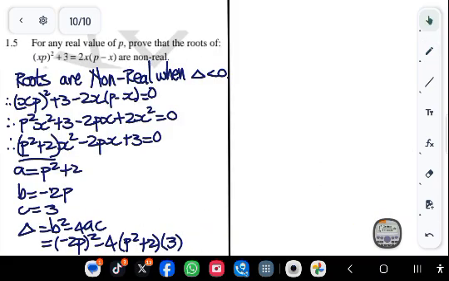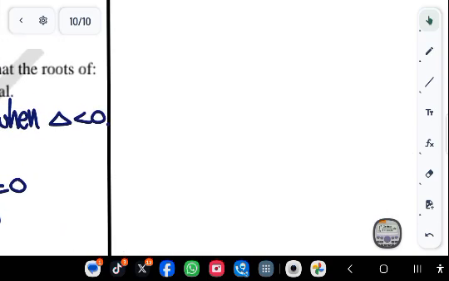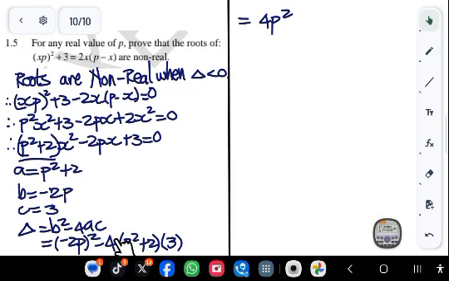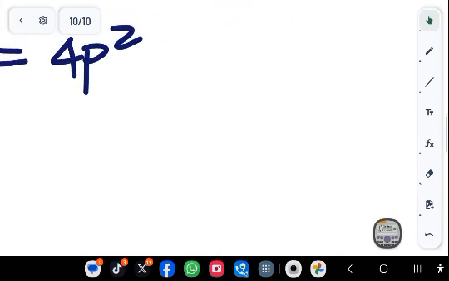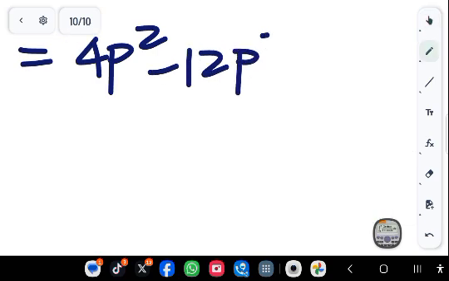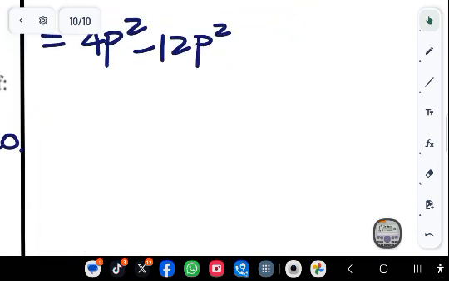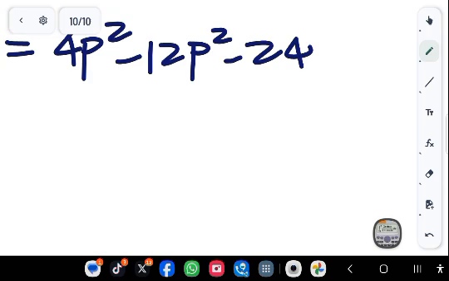Which is equal to 4p squared minus 12p squared minus 24.